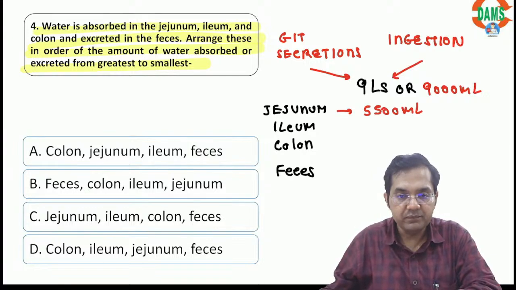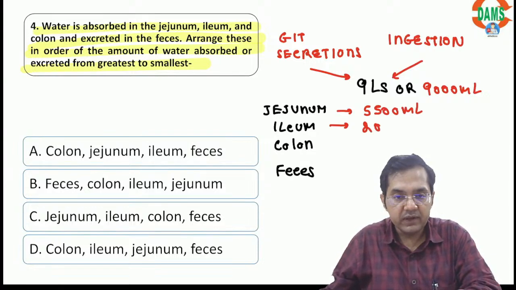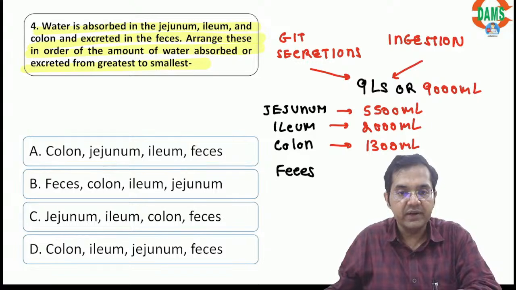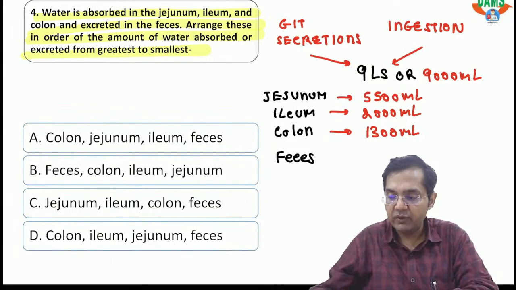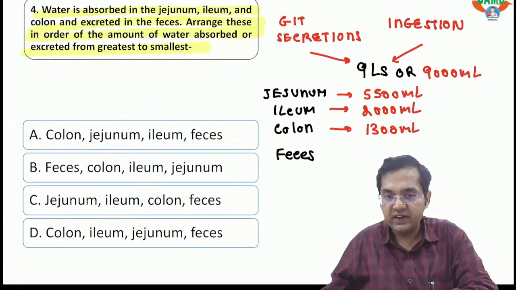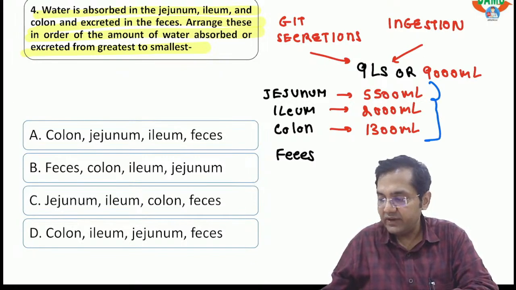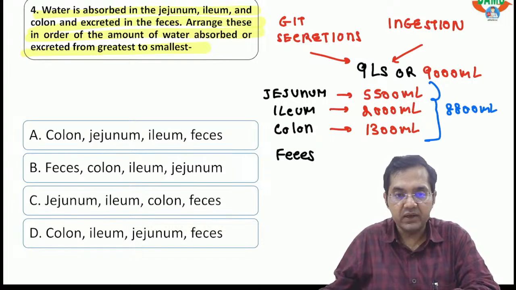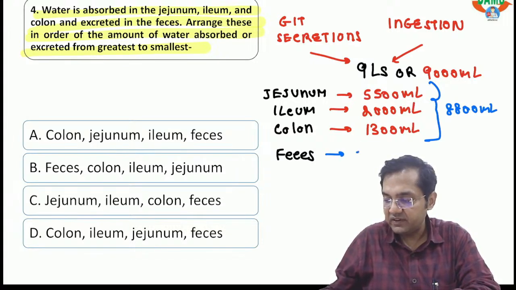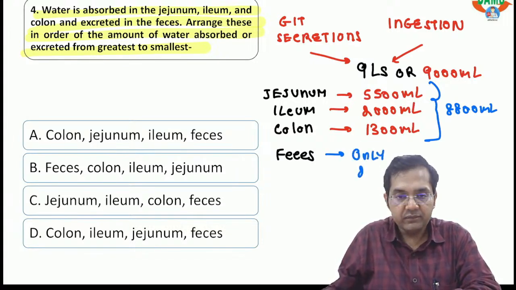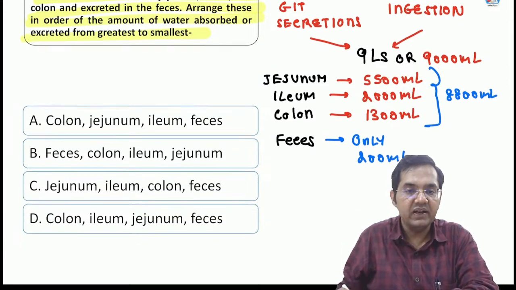In the ileum, another 2000 ml. In the colon, another 1300 ml. If you add these, you will easily get the answer. This all will be around 8800 ml. That means in the feces, only 200 ml is excreted.